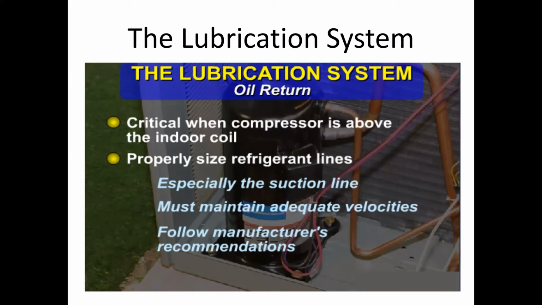If you just think about pulling that oil back, it's got to work harder in some ways, and the line set sizing is more critical to make sure that we pull that liquid oil back up to your compressor.